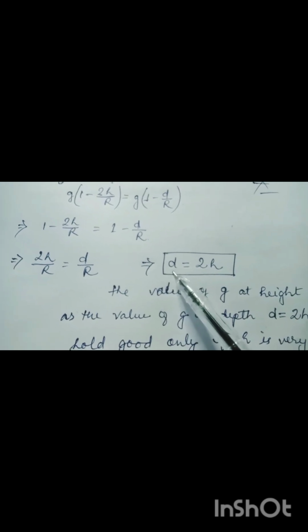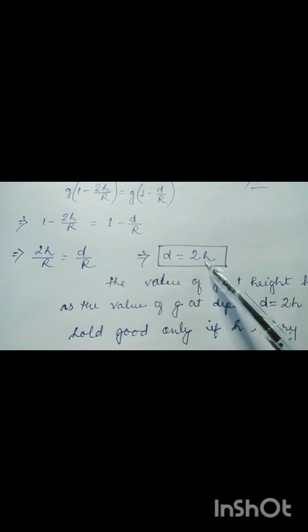On simplification, we have this expression: 2h by r equals d by r. So d, the depth of the object from the earth's surface, is equal to twice the height h. That means the value of g at height h is the same as the value of g at depth d equal to 2h.